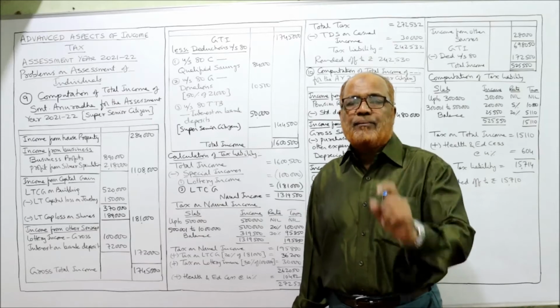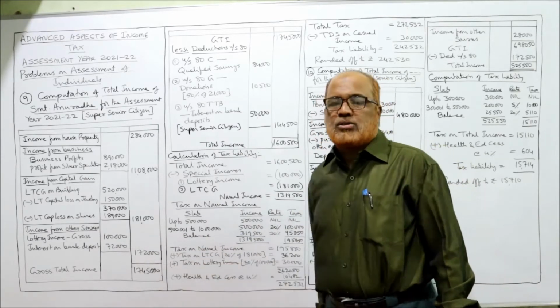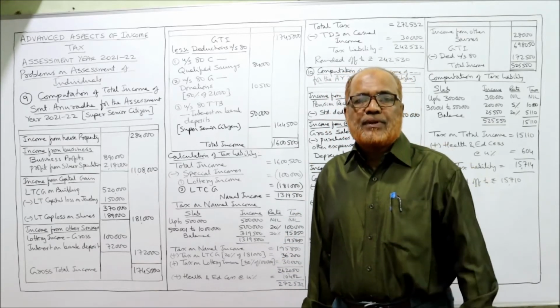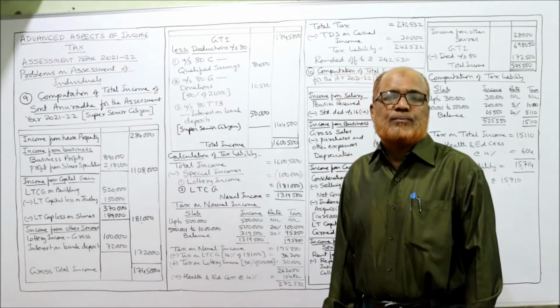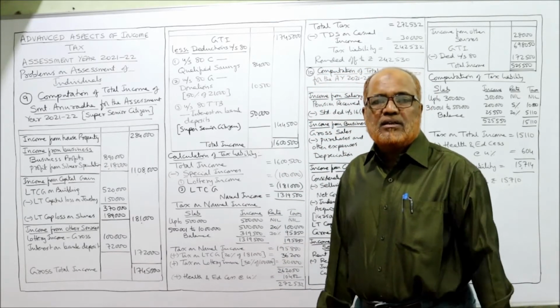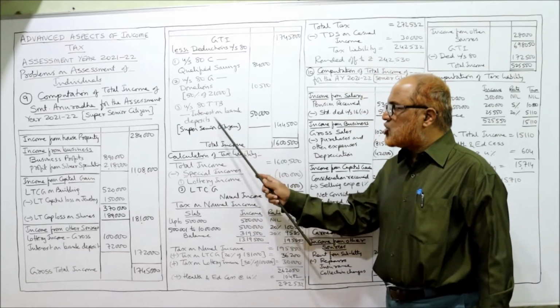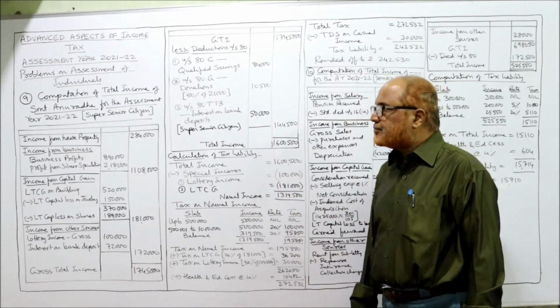That is the limit given by the Income Tax Act. The actual bank interest received is 72,000, whereas the fixed amount is 50,000, whichever is least. So 50,000 will be allowed as deduction under section 80TTB, interest on bank deposit, super senior citizen, that's why 50,000.